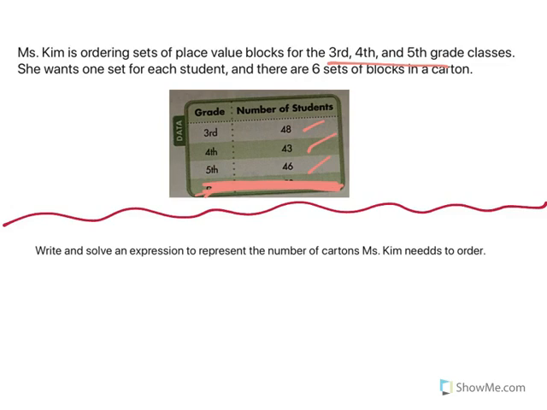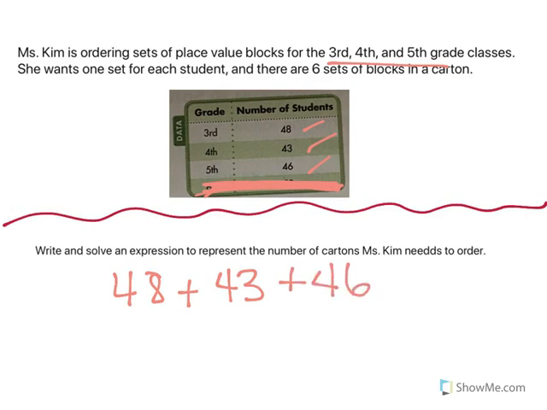So it says to write and solve an expression to represent the number of cartons Miss Kim needs to order. So we know that there are 48 3rd graders, 43 4th graders, and 46 5th graders.